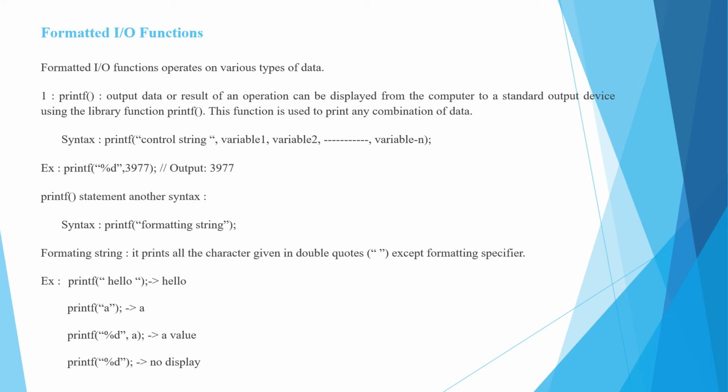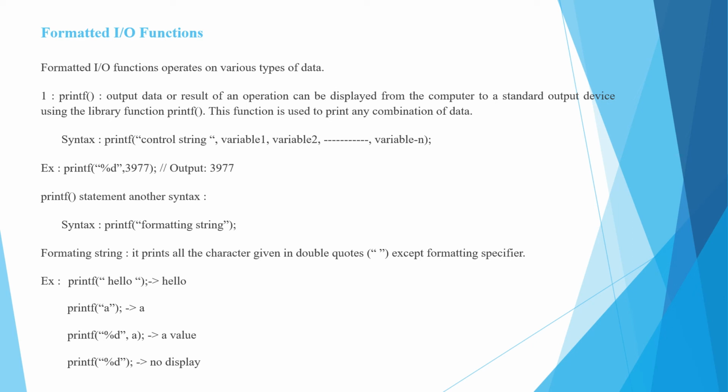Another syntax of the printf statement is printf and, within brackets, a formatting string within double quotation marks. This formatting string prints all the characters given in double quotes except the formatting specifier.